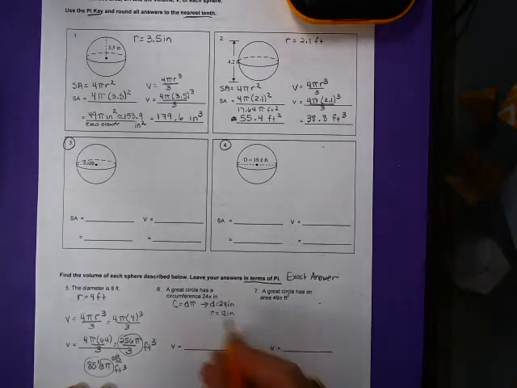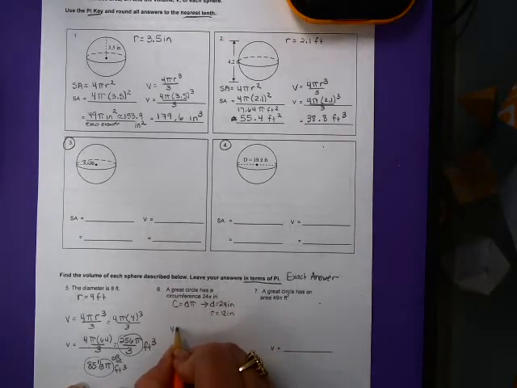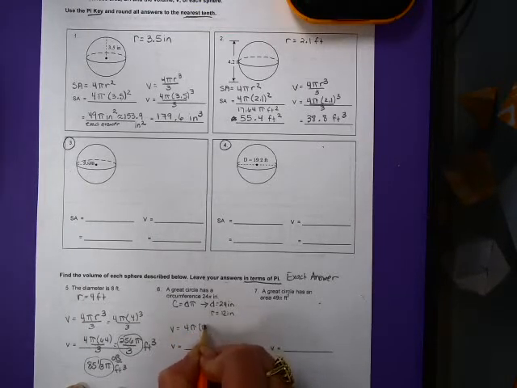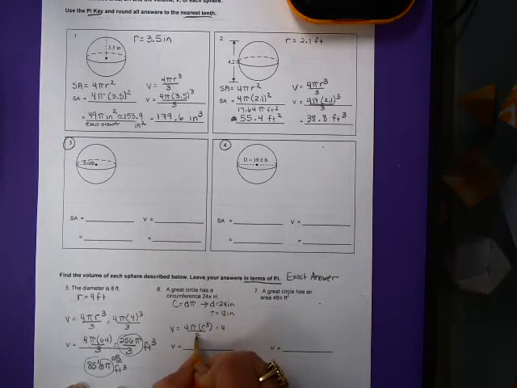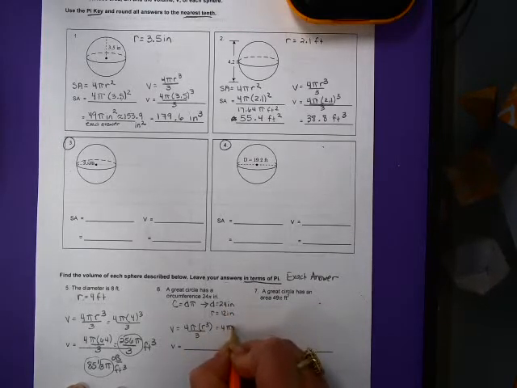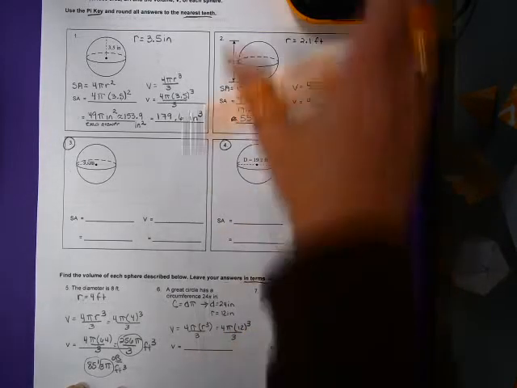Now plug that in. You get volume equals 4 pi r cubed, divided by 3. 4 pi 12 cubed divided by 3.